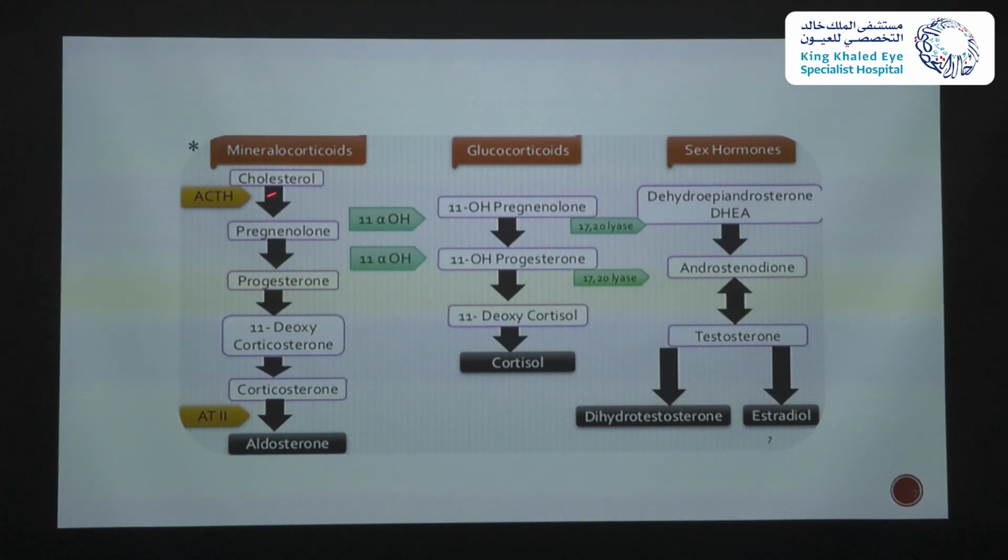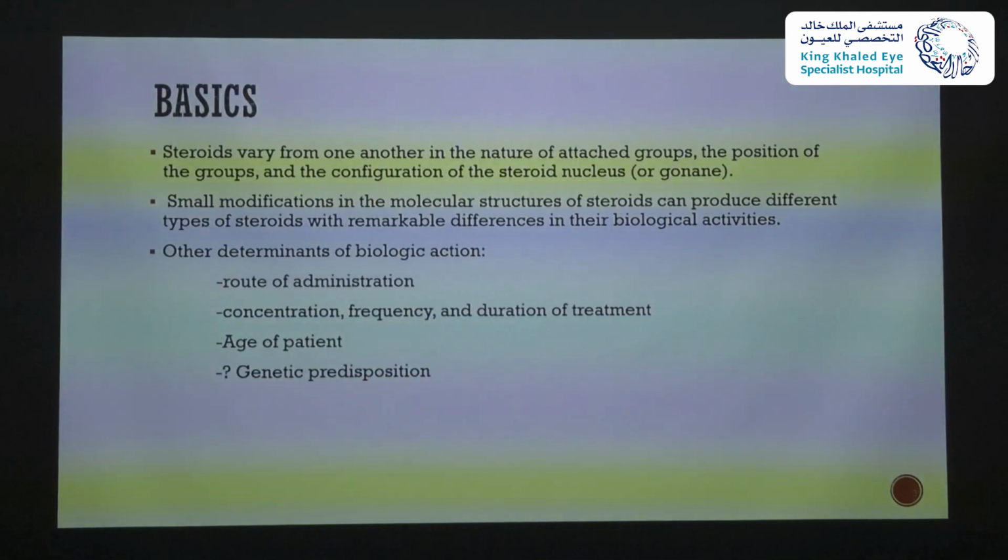It starts from cholesterol by the action of the adrenocorticotropic hormone, and it will end with the formation of different steroids in the body. As we said, steroids vary from one another in the nature of the attached side group, the position of this group, and configuration of the steroid nucleus.